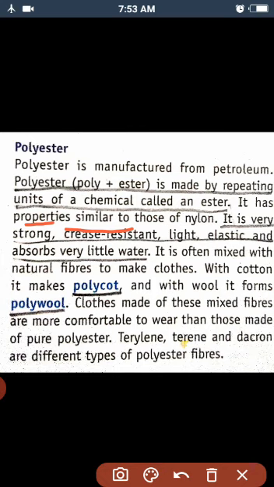It is often mixed with natural fiber to make cloth. With cotton it makes polycot, and with wool it forms polywool. Cloth made of these mixed fibers is comfortable to wear, unlike pure polyester. Terylene, terene, and dacron are different types of polyester fibers.